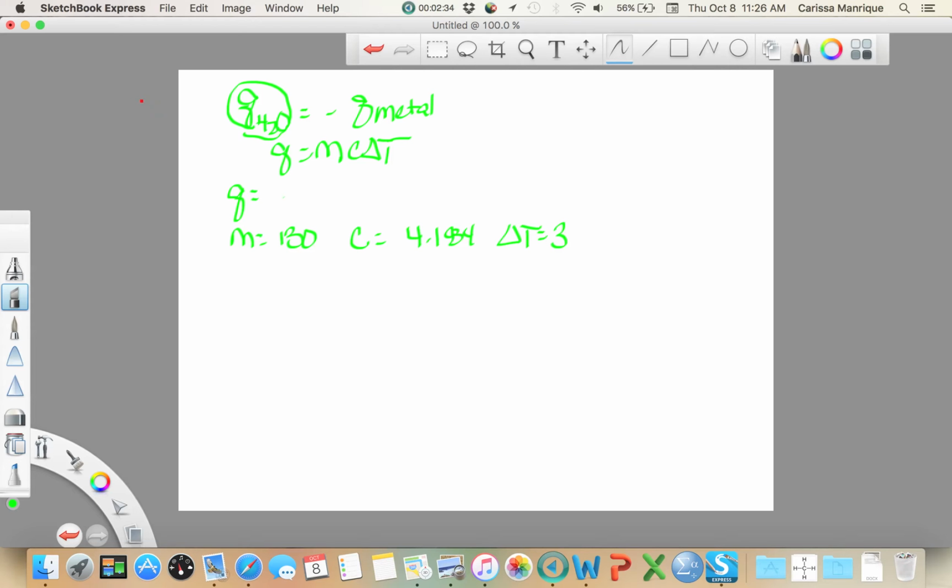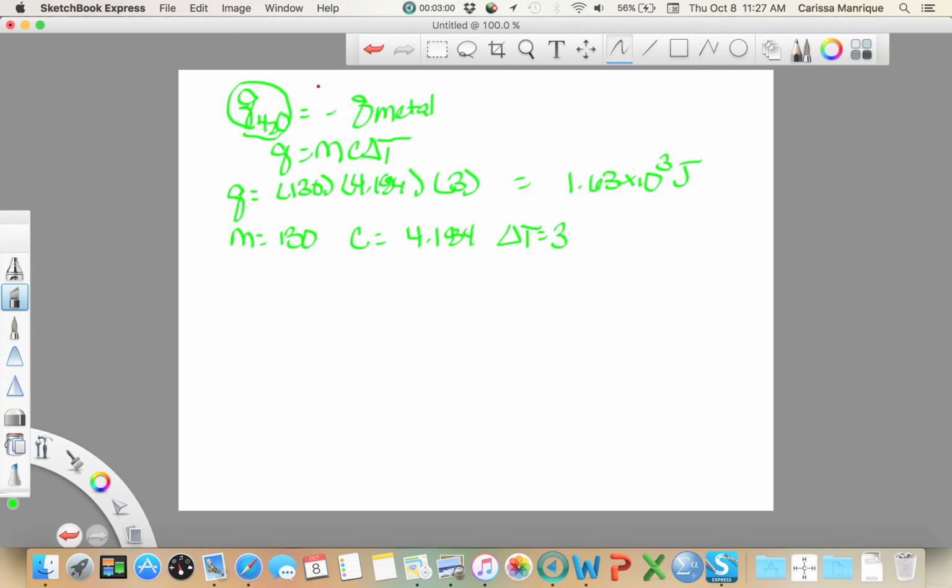So we put all that in. We go 130 times 4.184 times 3. And you're going to get Q of the water is 1.63 times 10 to the 3rd joules.